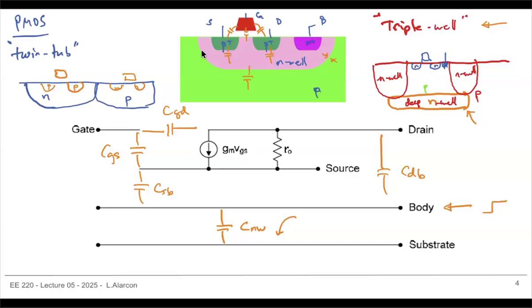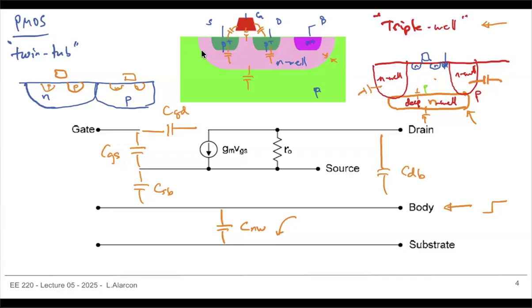But once you have that, you have additional capacitances between the body and the deep N well, between the deep N well and the substrate, between the N well and the substrate, and so on, right?